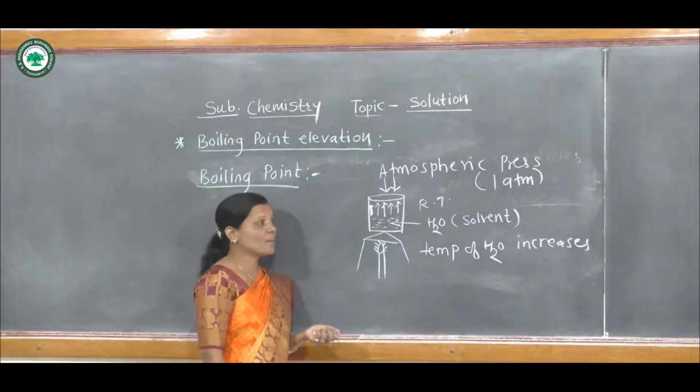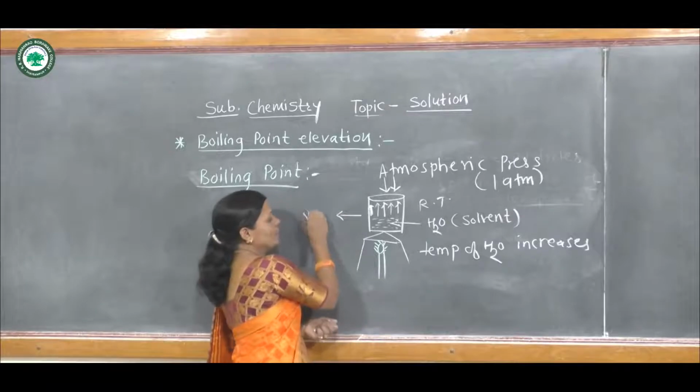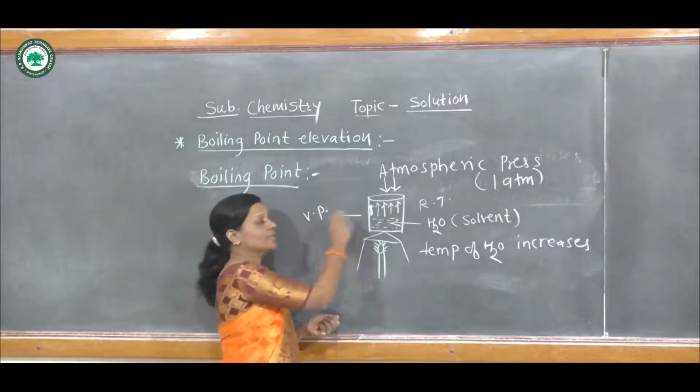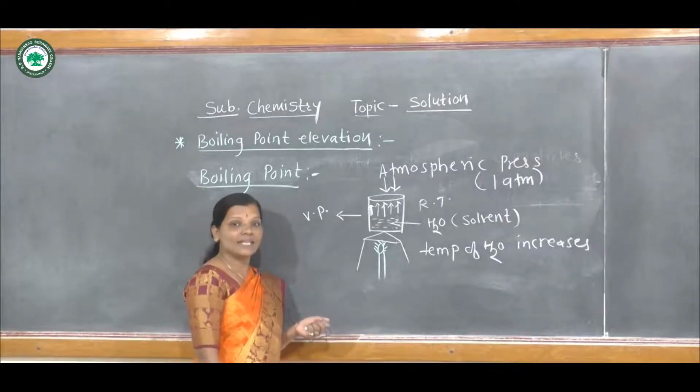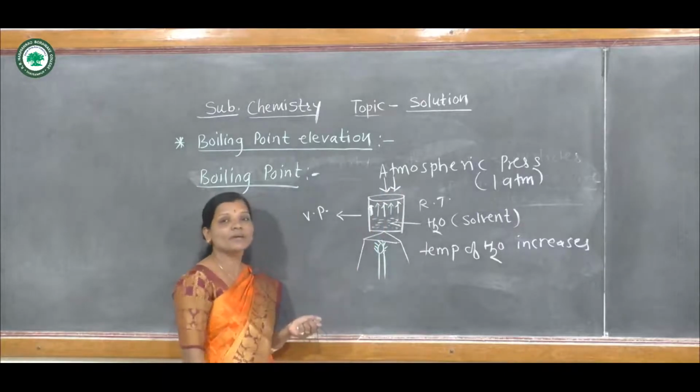And here what happens, at one stage vapor pressure is created due to the vapors of water in the container, and then there is competition between atmospheric pressure and vapor pressure.